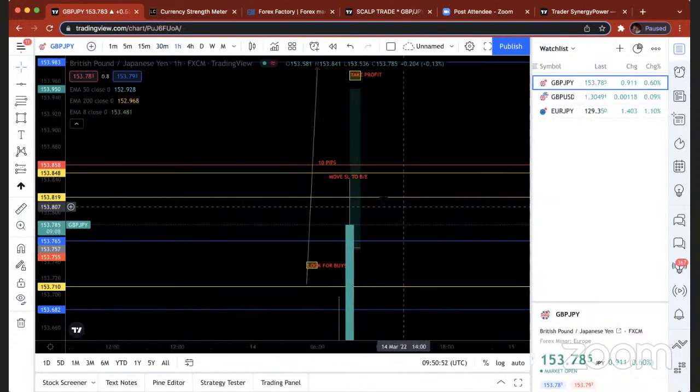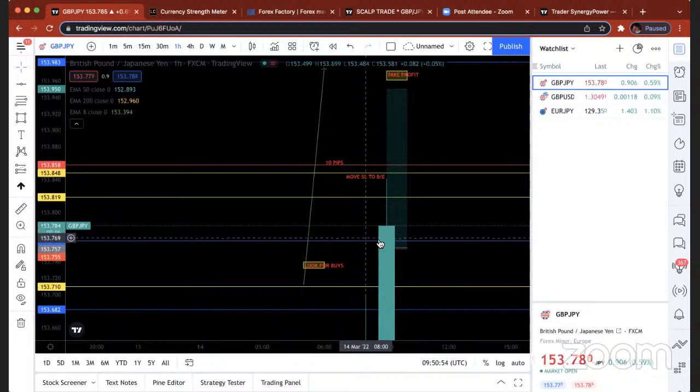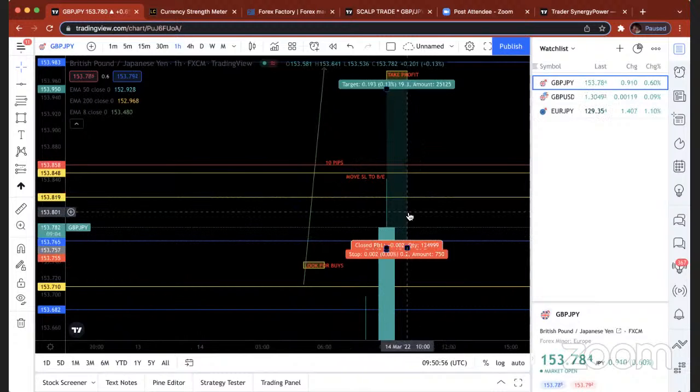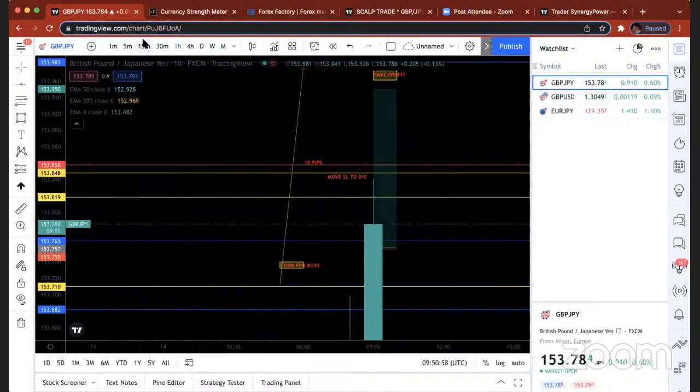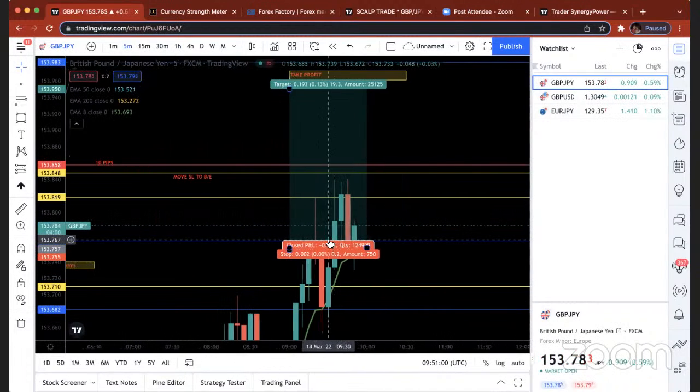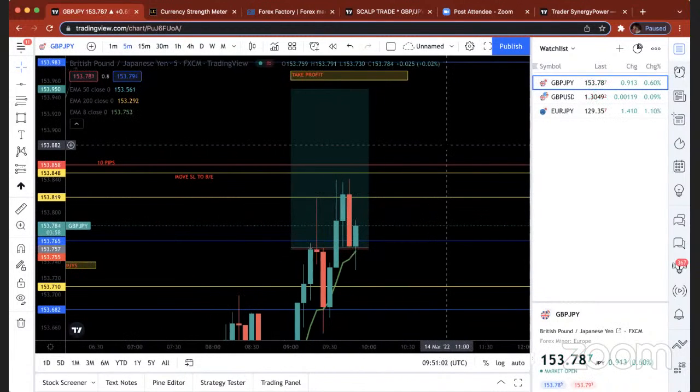I'm gonna see how this 1 hour reacts. If this 1 hour closes above this 4 hour zone and the next opens above, I'll probably re-enter. Look, technically it would still be in profit, but the break-even trade, I'm never mad at that.